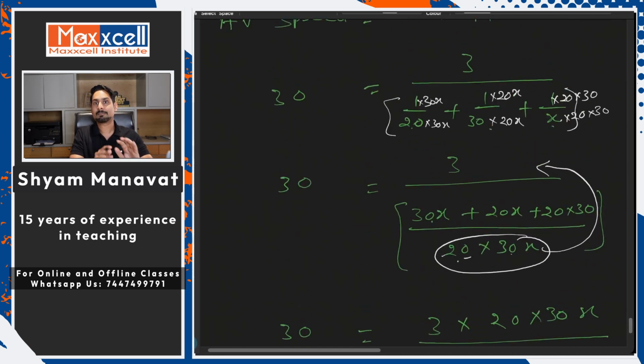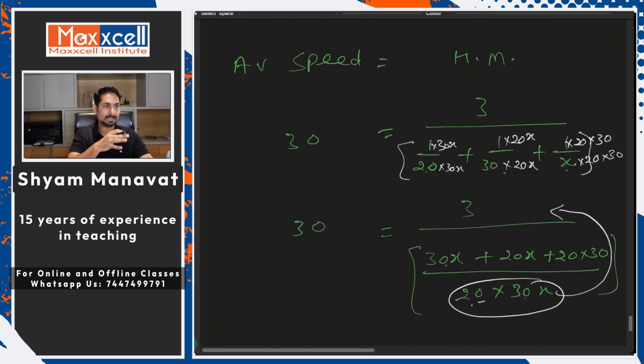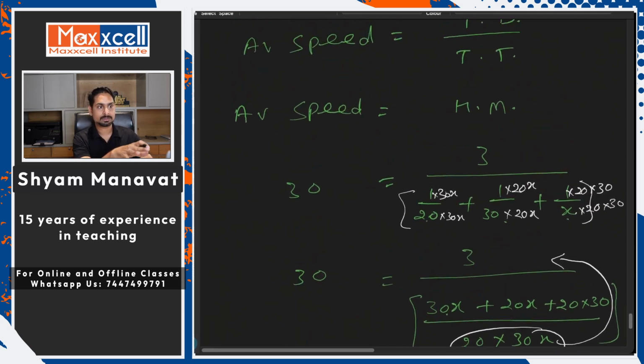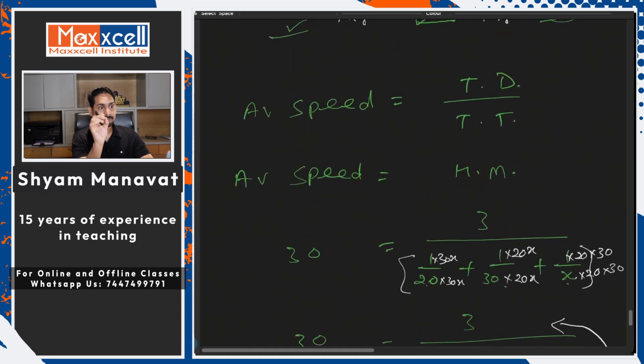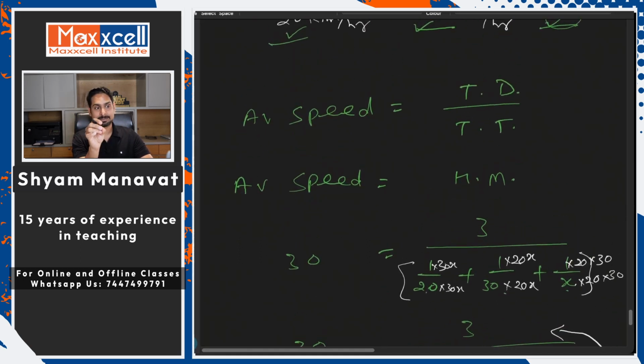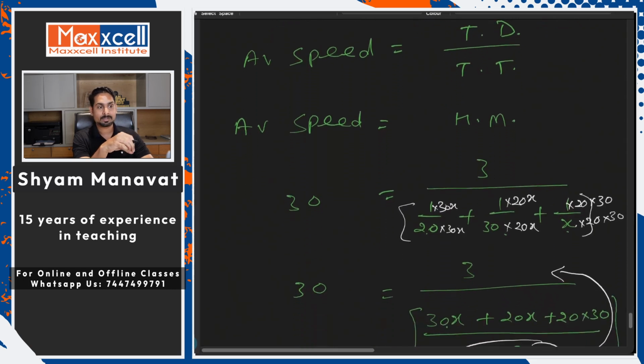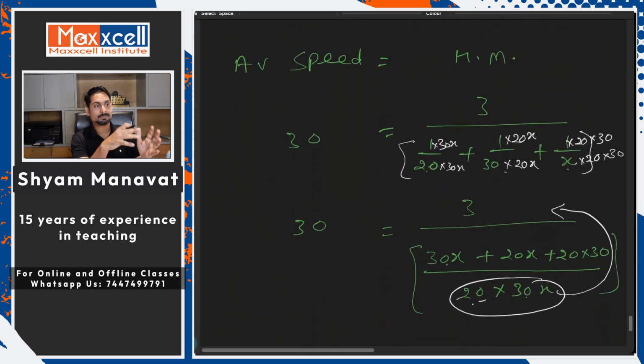Solving the equation, I'm leaving up to you. My job here for this particular question is to tell you how to calculate average speed, what to use to calculate the average speed, and I hope I made it clear to you that we use harmonic mean to calculate the average speed when distance is same with different speeds, right?